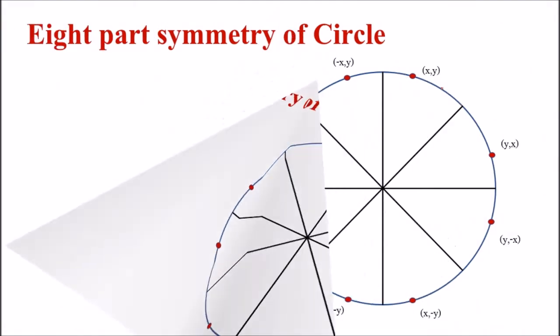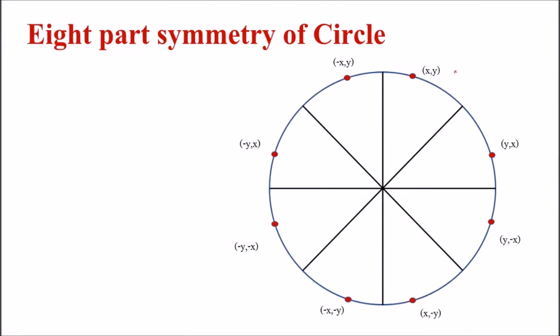So you can see, if this point is x comma y, a similar point in the next octant is y comma x, then y comma minus x, then x comma minus y, then minus x minus y, then minus y minus x, minus y x, and minus x y. Actually, as I have told, it is not interchanging of the coordinates, it is interchanging of values.